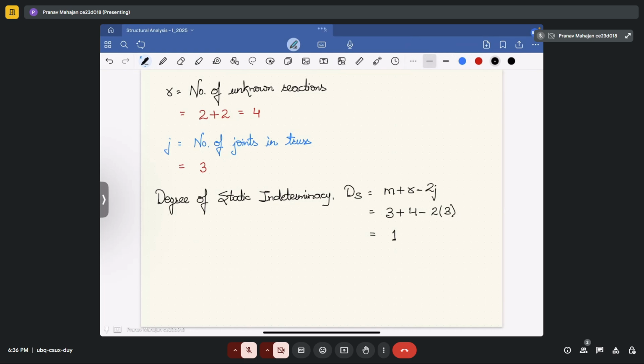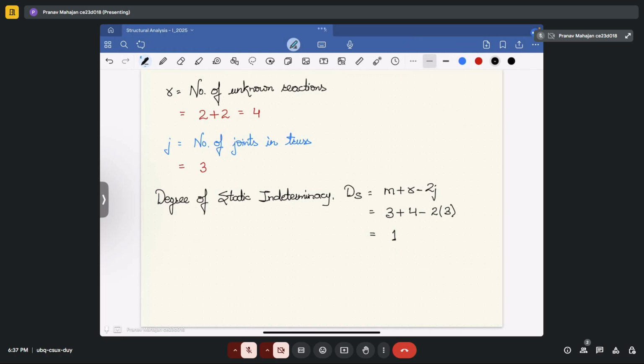That means out of 2 hinges, if you convert one hinge into a roller support, then solve the problem. After that, you remove all the forces, and then you apply a unit load wherein you have removed the redundant, and then see how much forces you are observing in the truss.